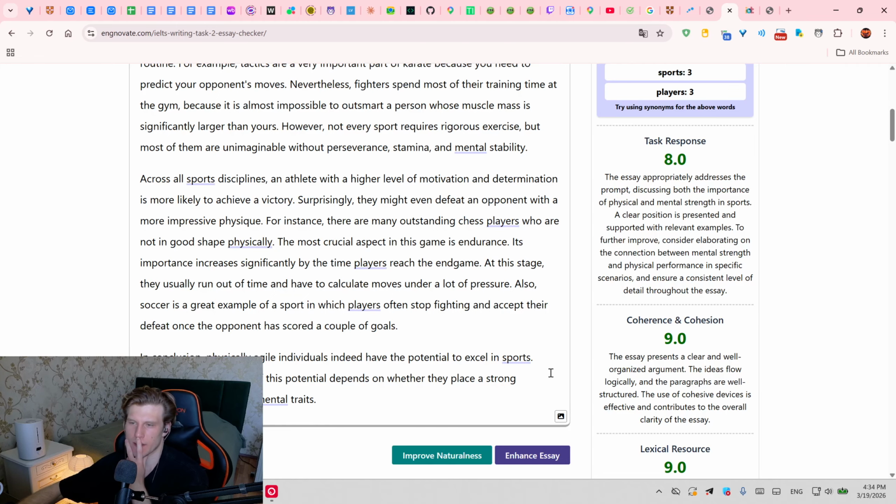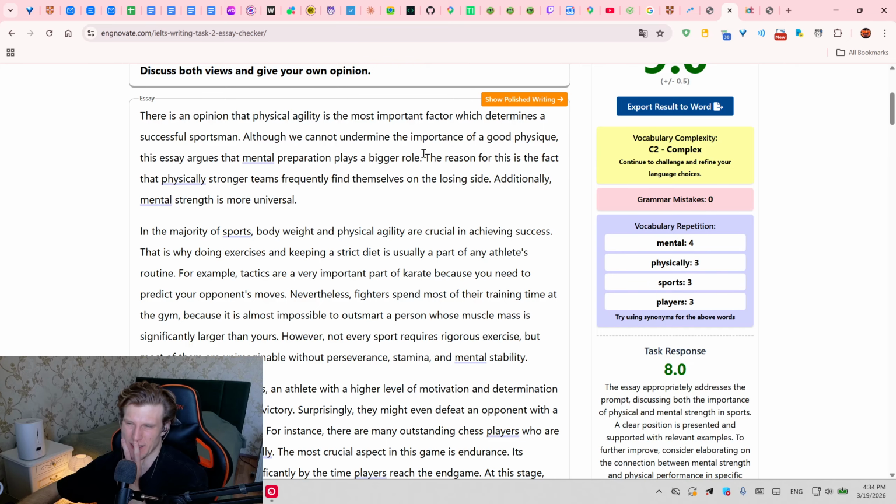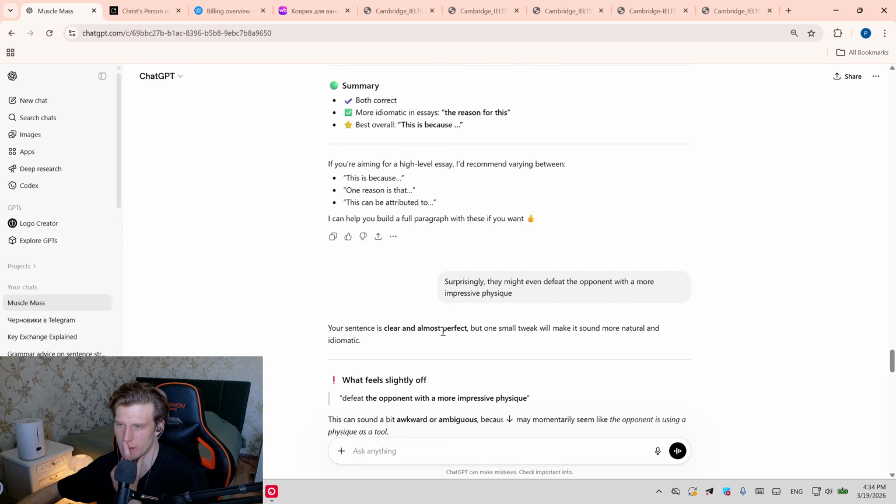Coherence and cohesion. Did I use any? That probably is a cohesion issue, because it's a cohesive device and it's used not in the best way. What else did I tweak?